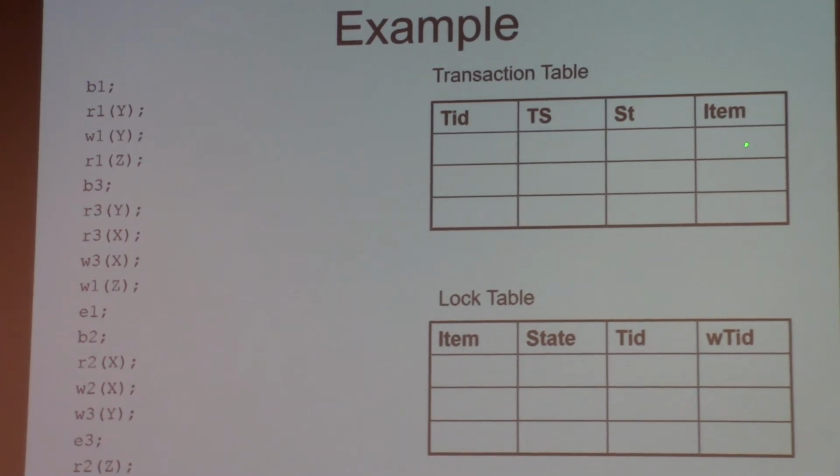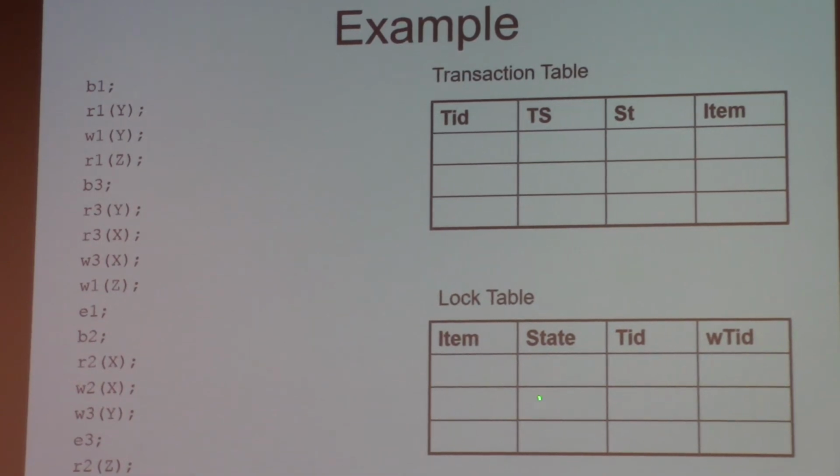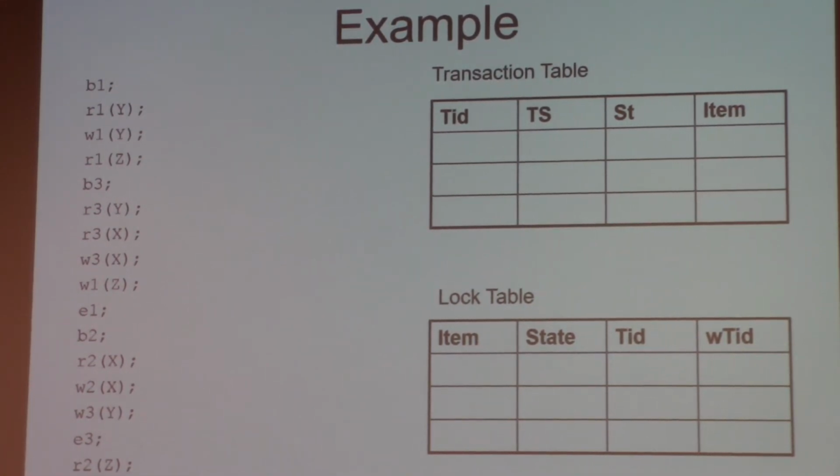Any item accessed by this transaction will be here. The lock table is per item: the lock state, read lock or write lock, and the transaction ID, which transaction holds it and which transaction waits for it.